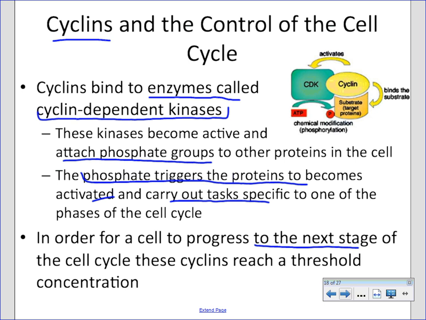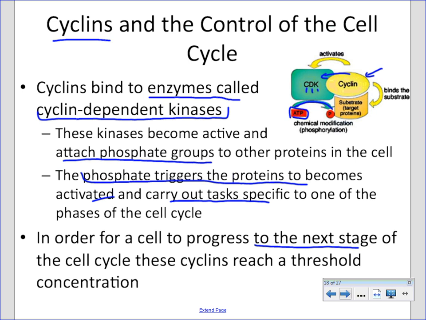So the picture here demonstrates how these cyclins are working. The cyclin itself will bind to another protein, and the CDK is going to be the cyclin-dependent kinase. When that protein becomes activated, it is going to take that ATP molecule and remove one of the phosphates. Remember, it's adenosine triphosphate.